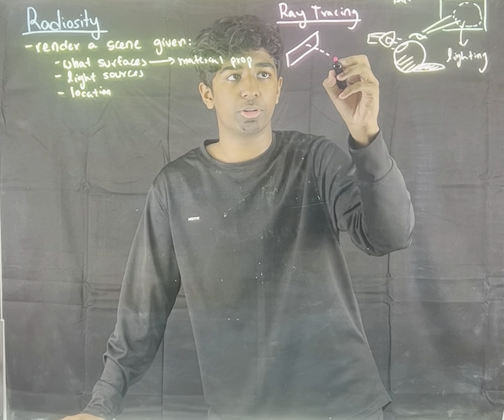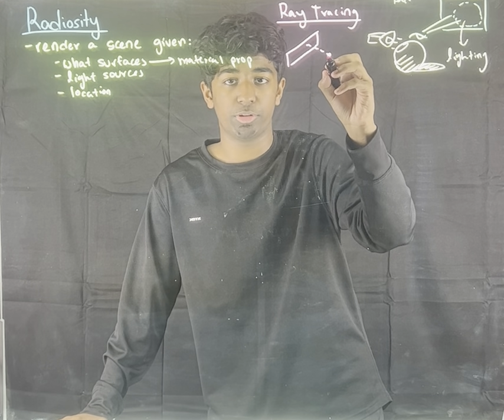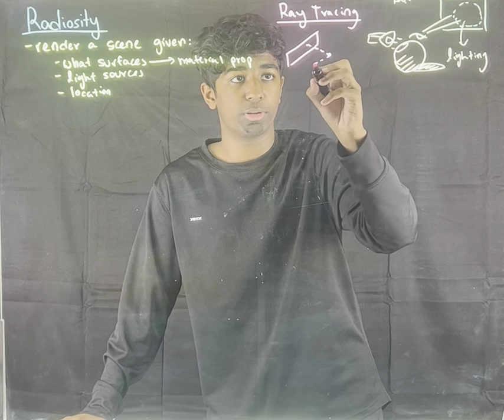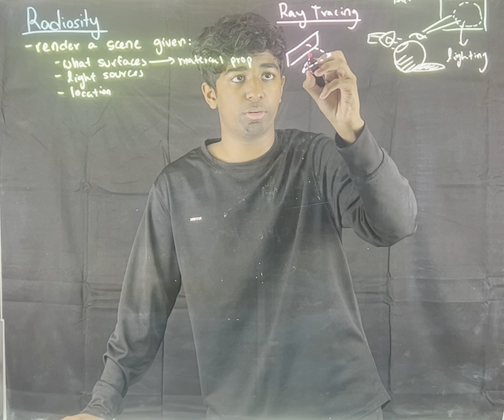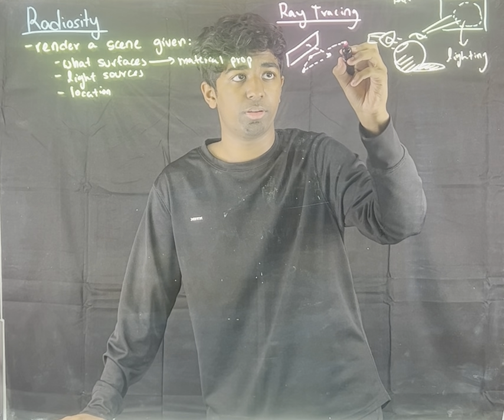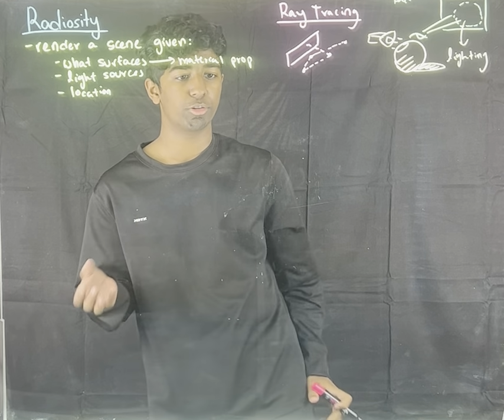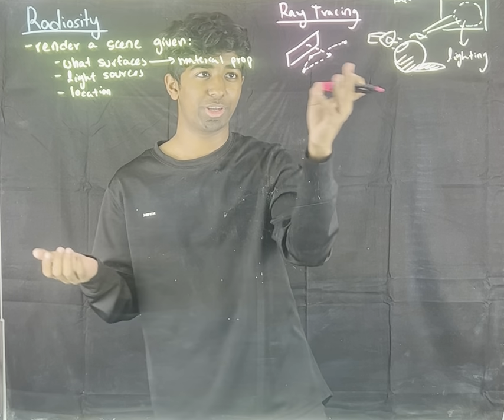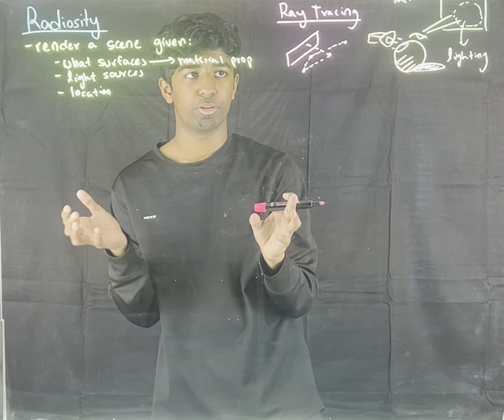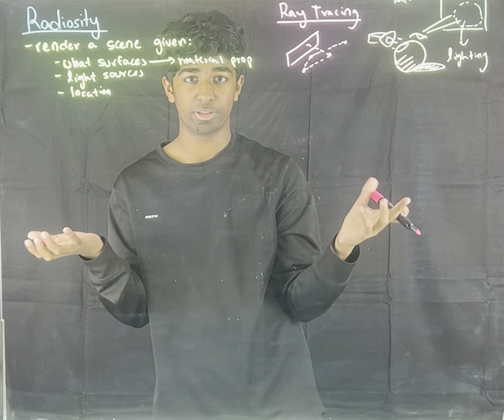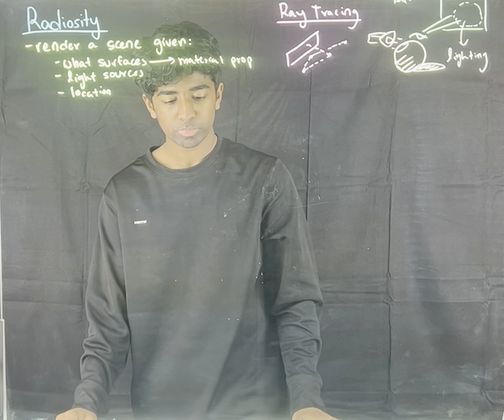I'm just going to ray trace to some other point here, and that point is going to be ray traced somewhere else, and so on. Basically for every single point in the scene, you can render an image based on this kind of interlocking rays idea. So that's basically what ray tracing is.